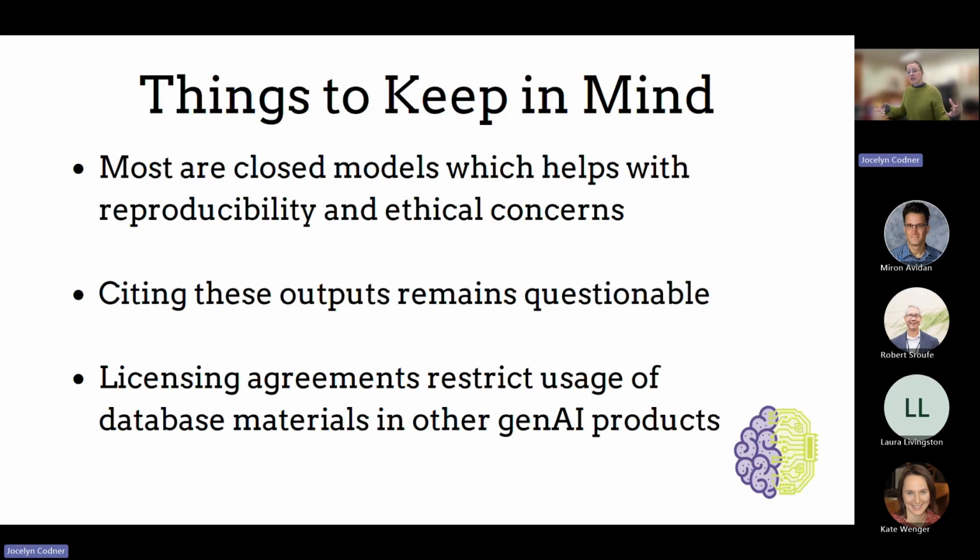So if you're someone who likes to collect a body of literature and then put that back into a chatbot or a different Gen AI product to analyze it, our licensing agreements with our databases restrict or ban that. So rule of thumb, best not to do that.